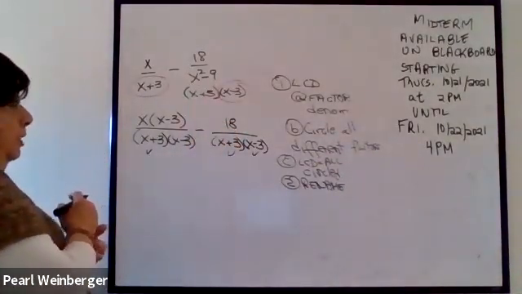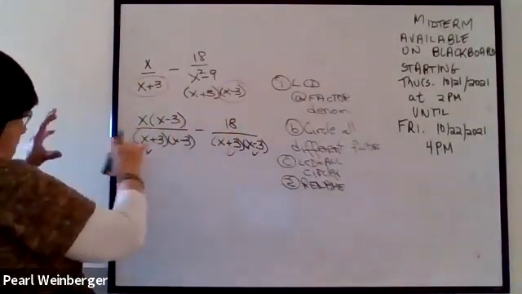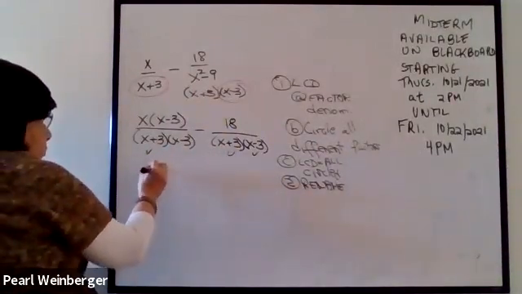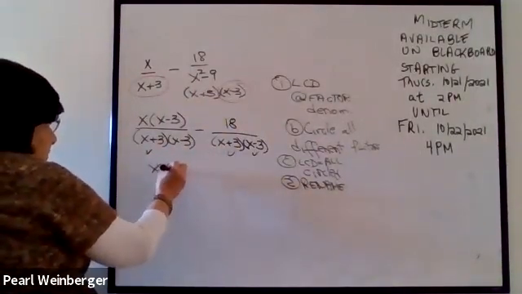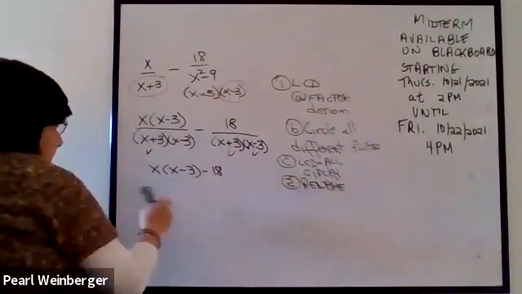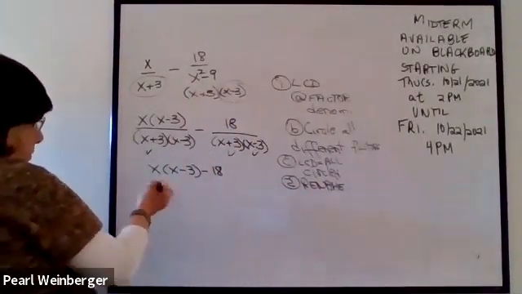And therefore what I'm left with is, remember now I just ignore the denominator for the most part, and I do the x times x minus 3 minus 18. And I've got to simplify this by removing all the parentheses.